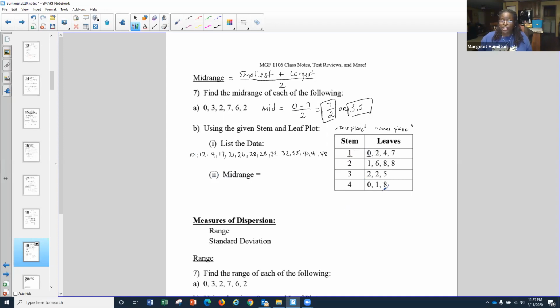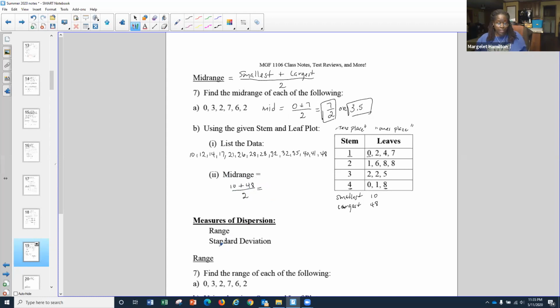And our largest number in our data is 48. So to find our mid-range, here we have 10 plus 48 divided by 2.